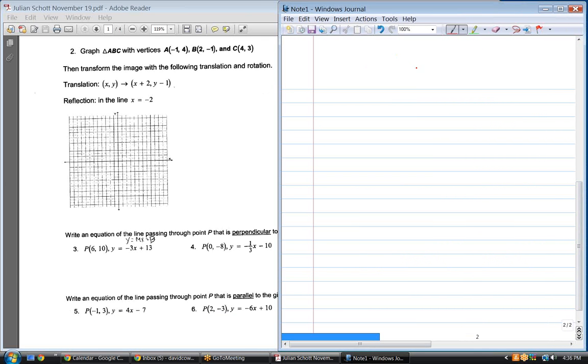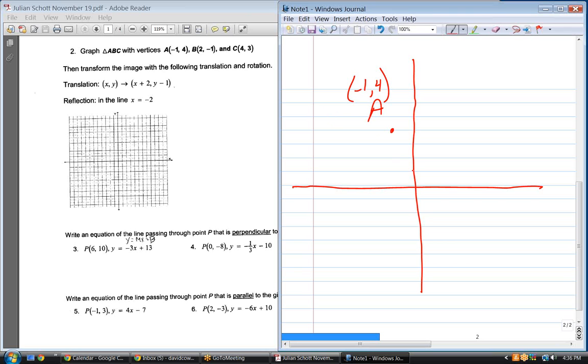All right. So let's draw the first triangle, ABC. Okay, let's see, we're at minus 1, 4. There's point A, and we'll label it minus 1, comma 4.